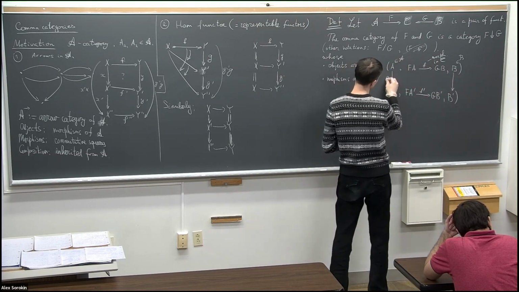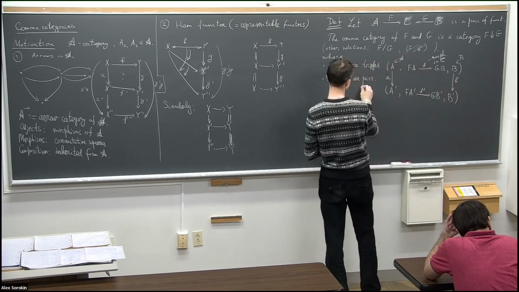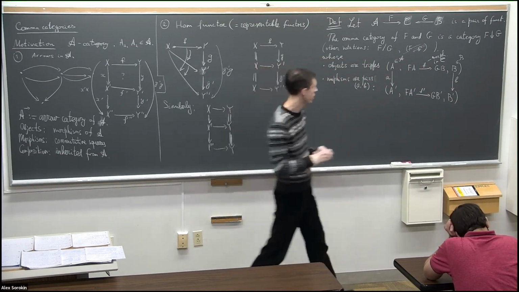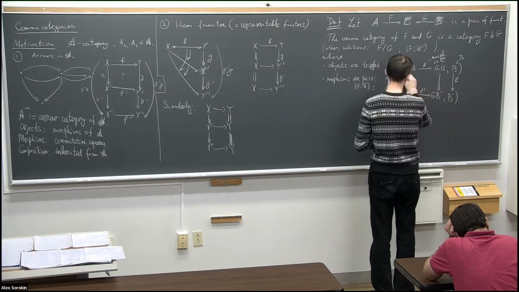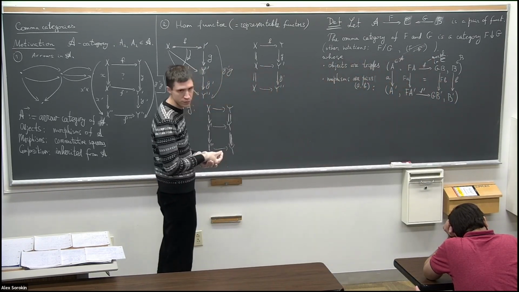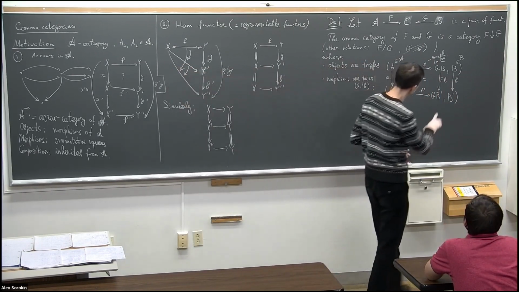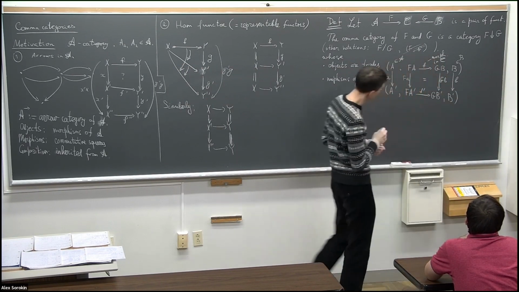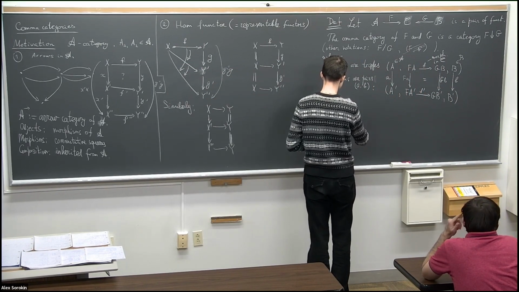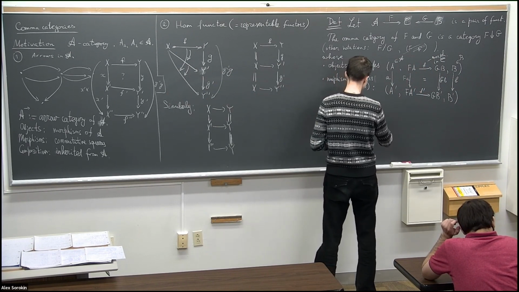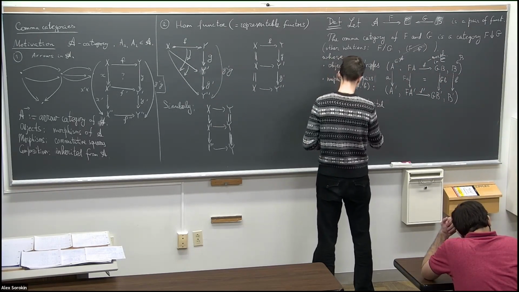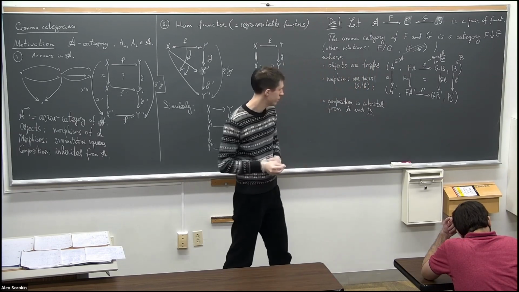Pairs here will be A, B, such that the following diagram commutes. And composition.